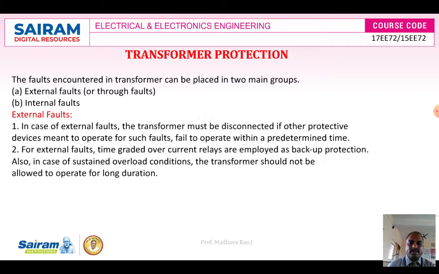In case of an external fault, the transformer must be disconnected if other protective devices meant to operate for such faults fail. Any time thunder comes, we should immediately disconnect the transformer, otherwise it will get damaged.